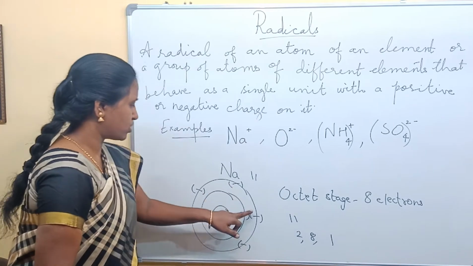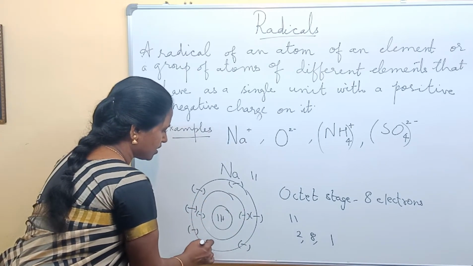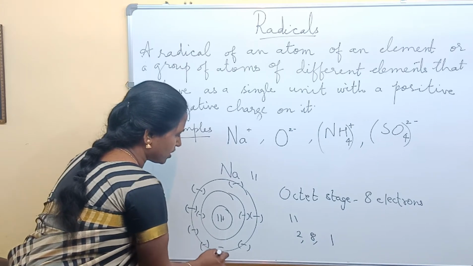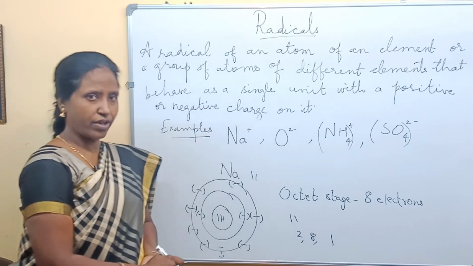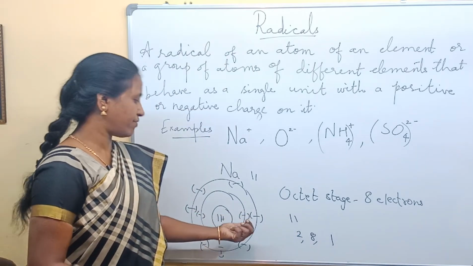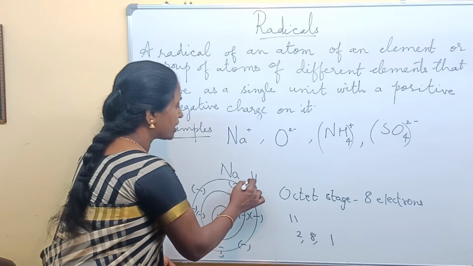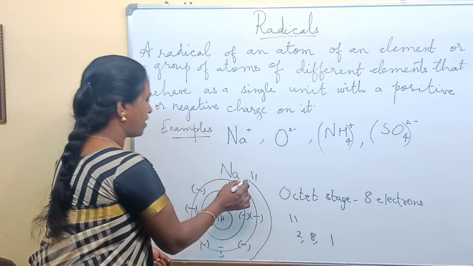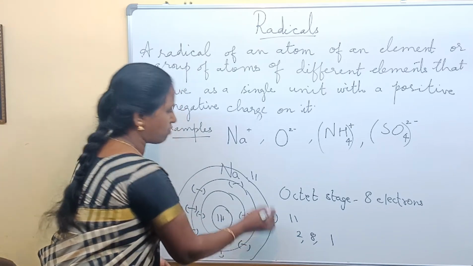I am putting the minus in brackets, that is the electron. So 2 electrons in the first shell, 8 electrons in the second shell, and in the third shell you have 1 electron.